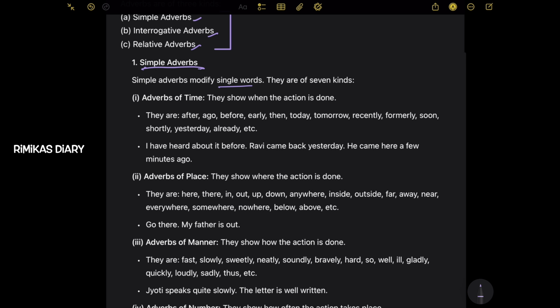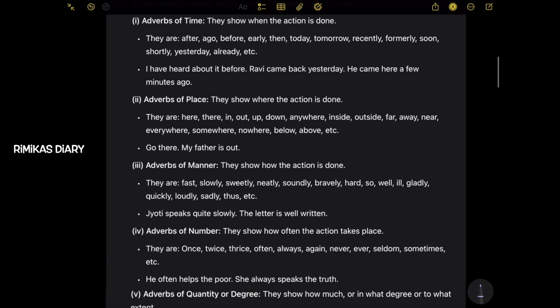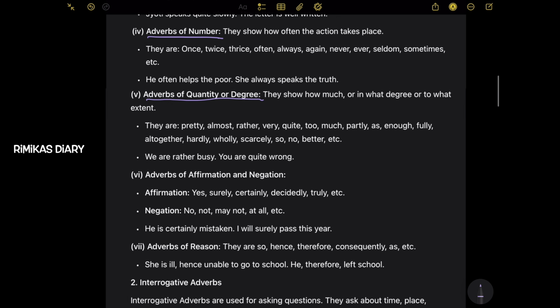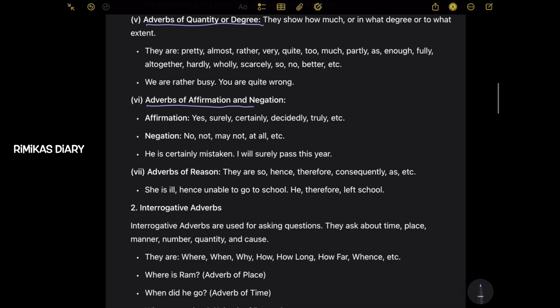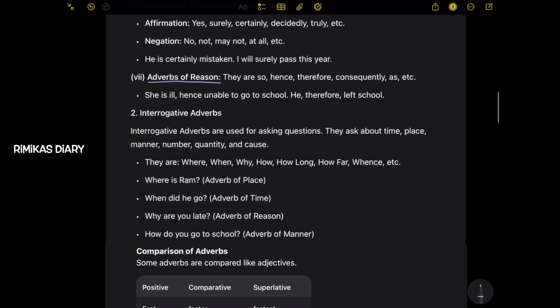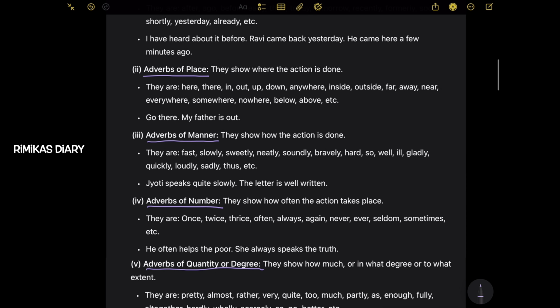They are of 7 kinds: adverbs of time, adverbs of place, adverbs of manner, adverbs of number, adverbs of quality or degree, adverbs of affirmation or negation, adverbs of reason. So there are 7 types.